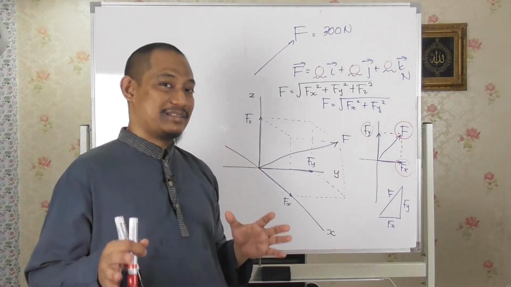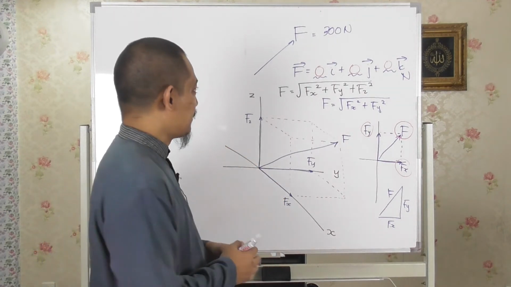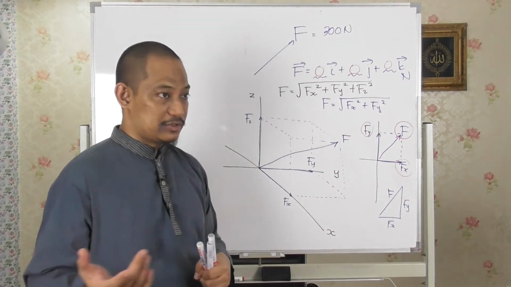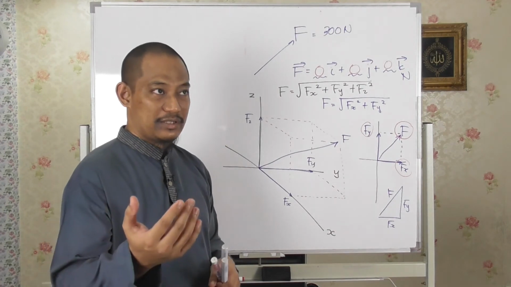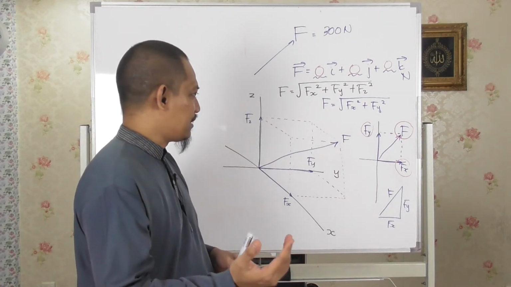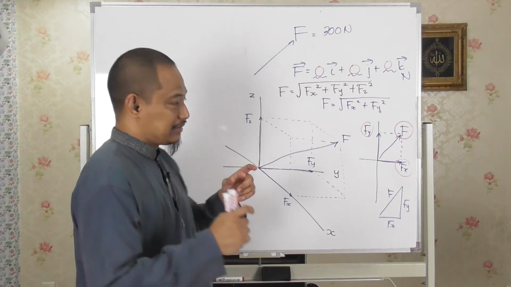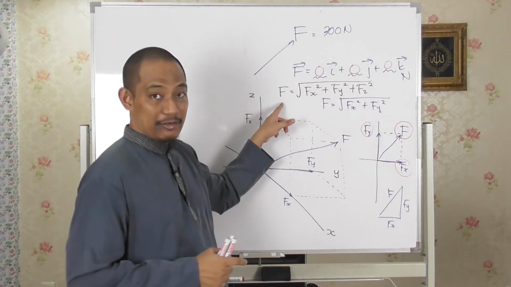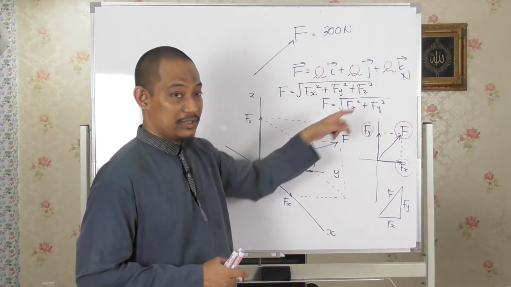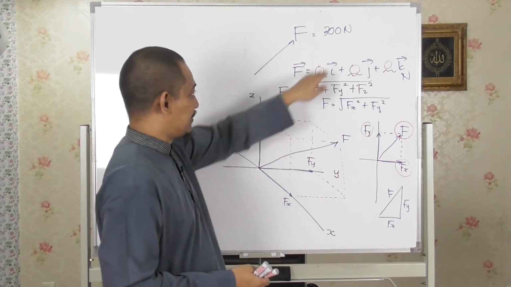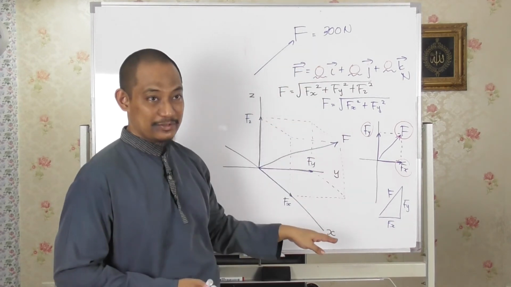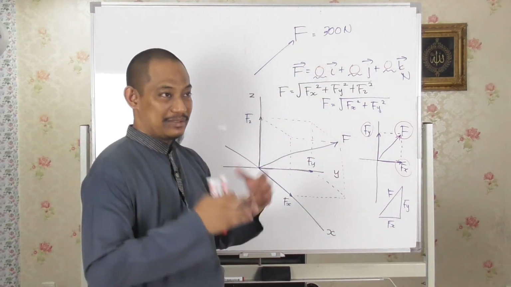And the most bizarre thing I see in the quiz is that the student actually recalculates this F using this formula and gets something other than 300, and they continue on. What?